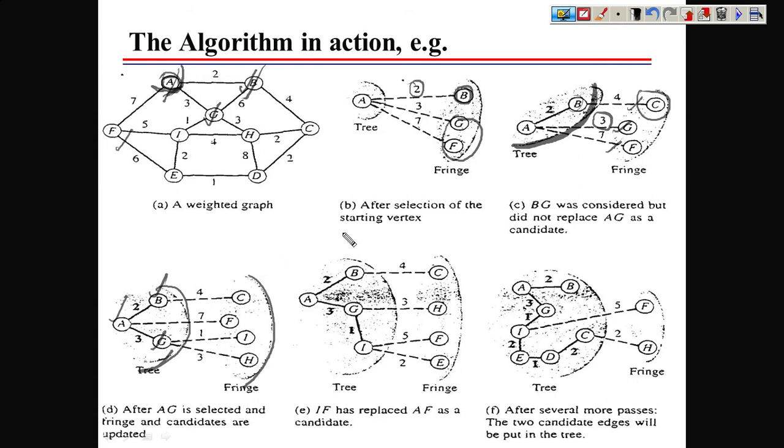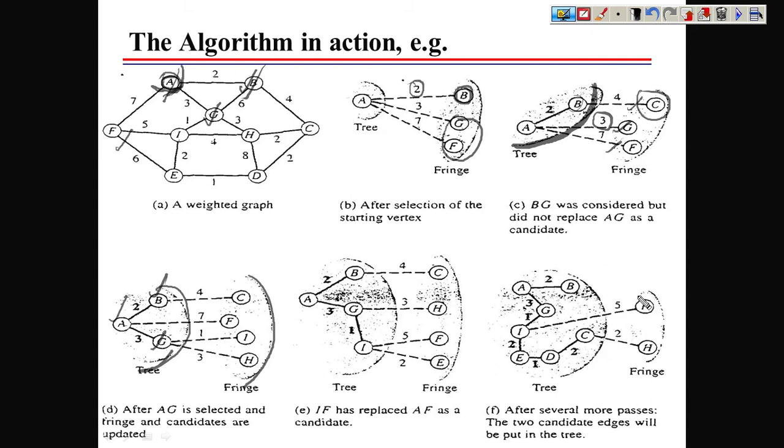So we keep on moving in this way, and you may notice that here we have a direct path from A to F, which is having an edge with weight 7. But later you will find that this path has been removed, because we have already found another path that goes to F through I. So we keep on moving in this way, and this is how we will find it.